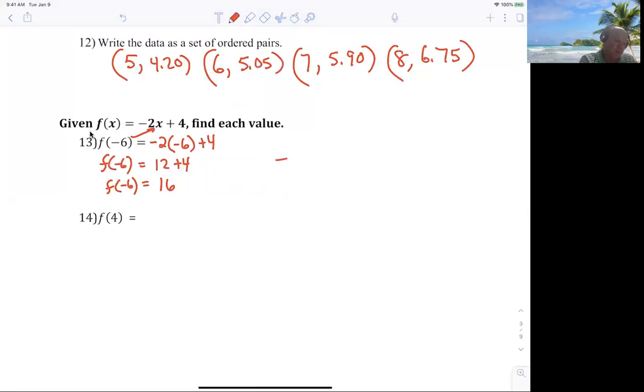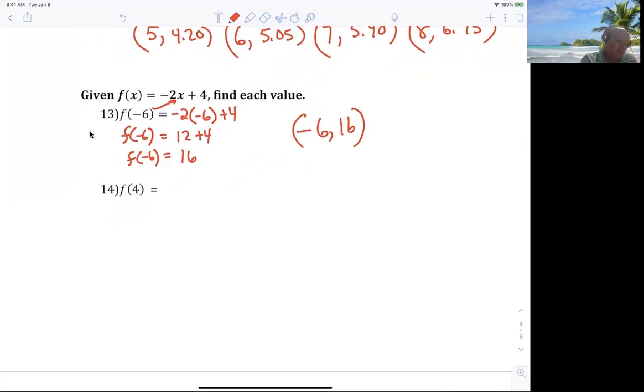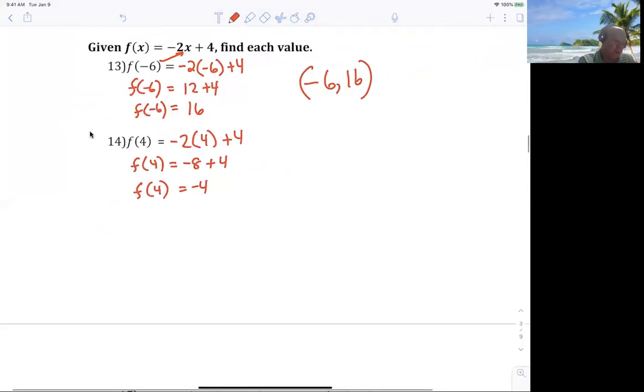And I want you to remember that just means (-6, 16) is on the graph. f of 4, plug 4 in. -2 times 4 plus 4, -8 plus 4, -4. So again, that just means (4, -4) is on the graph.